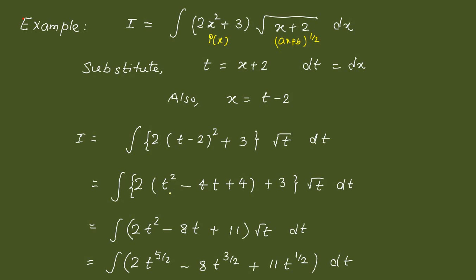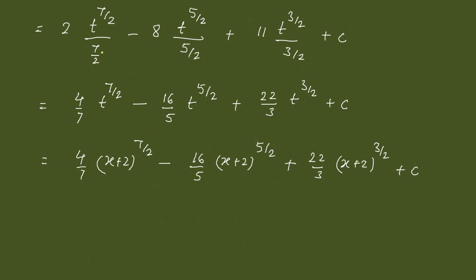The expansion will go like this: t square minus 4t plus 4 for (t minus 2) the whole square, and plus 3 is here, and 2 of course. This root t will be multiplied with each of the terms in the bracket, and so it will be 2 times t to the power 5 by 2, 8 times t to the power 3 by 2, and 11 times t to the power half.